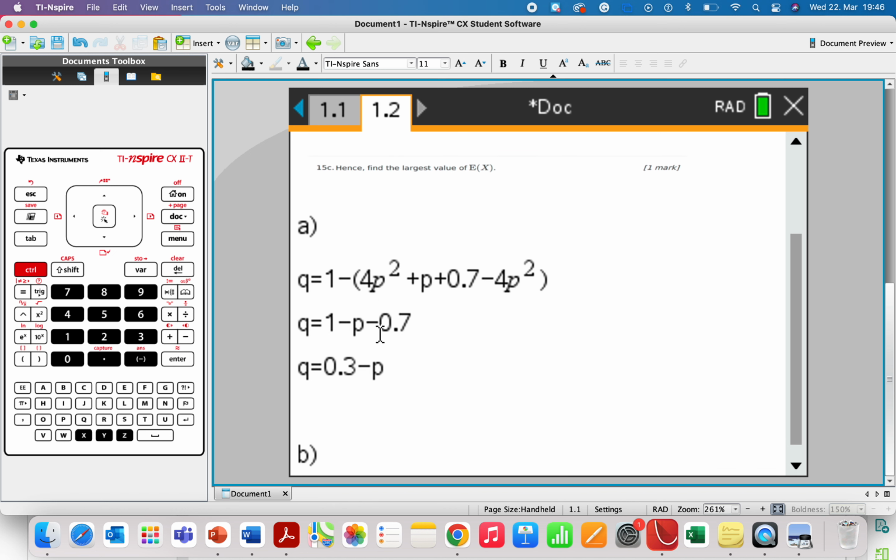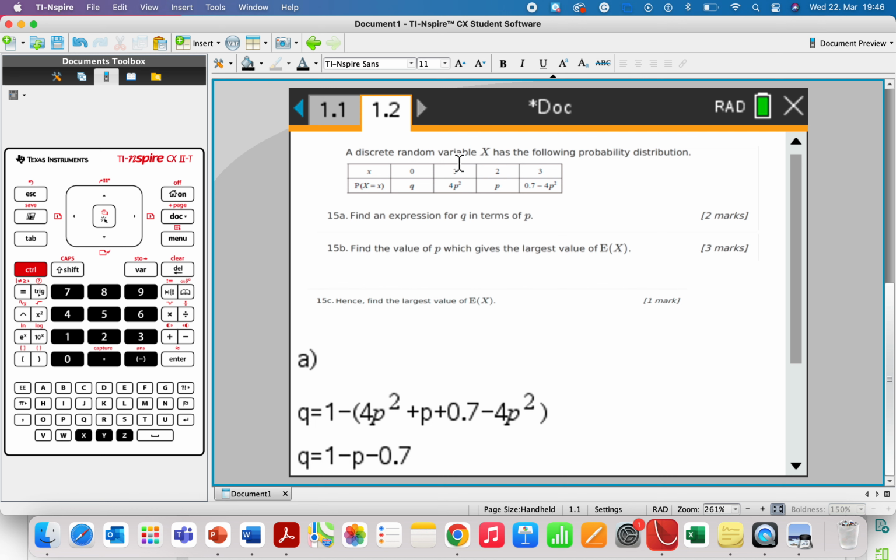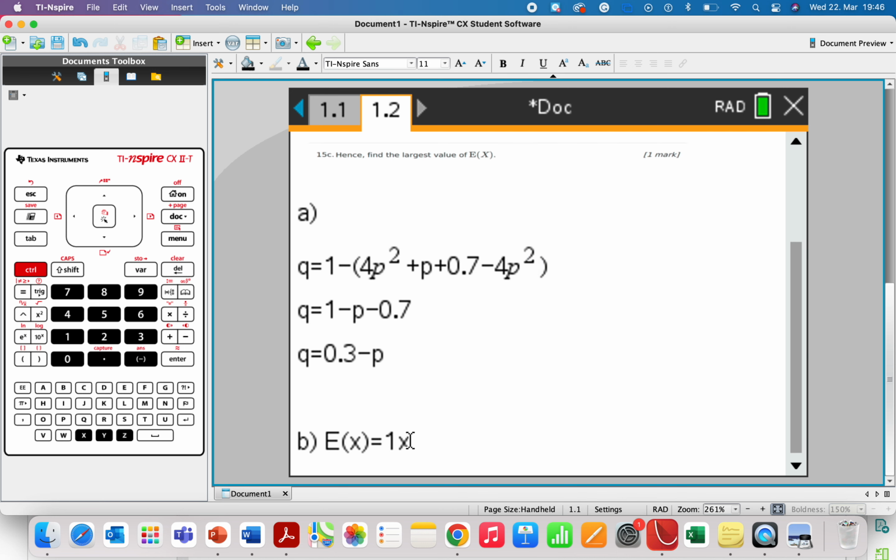So we have down here E of X, and that equals 1 times, okay, let's just go back to the table. All right, look, 1 times 4p squared plus 2 times p. In fact, I'm going to copy this down. I'll do a little shortcut, because these are the numbers, right?